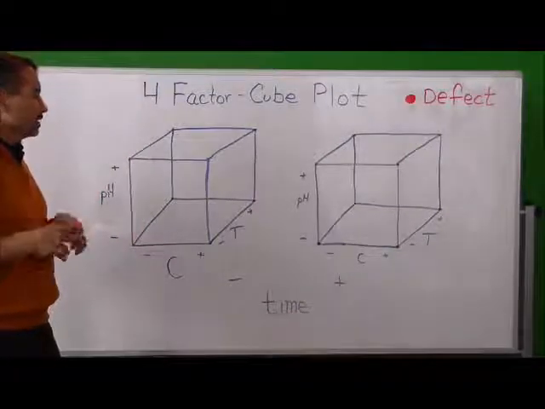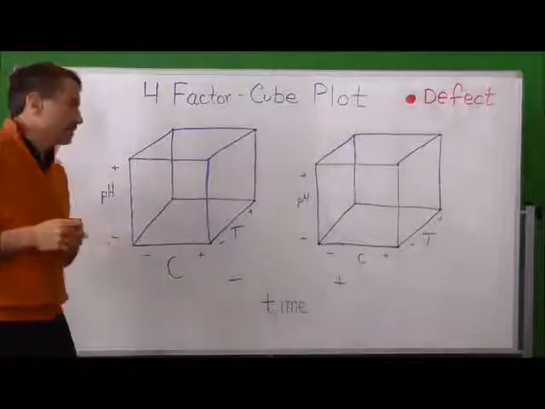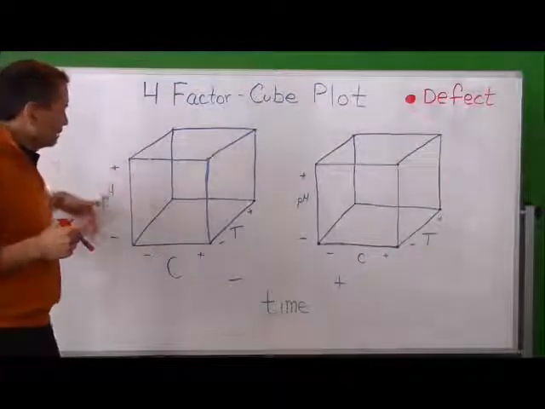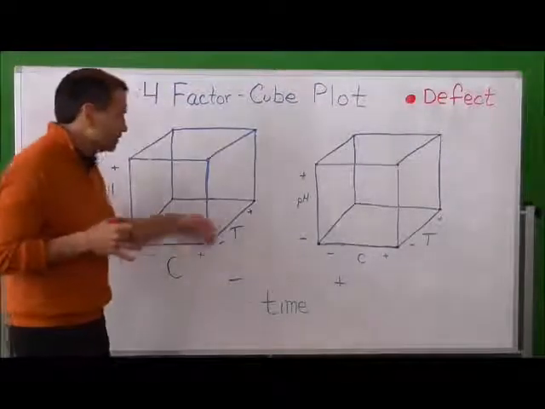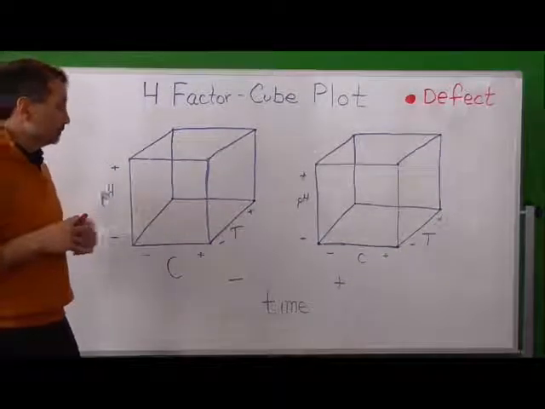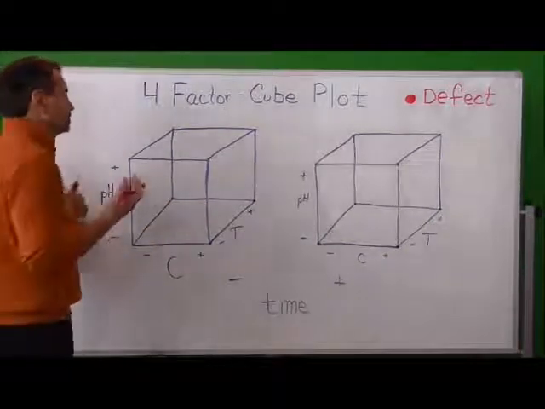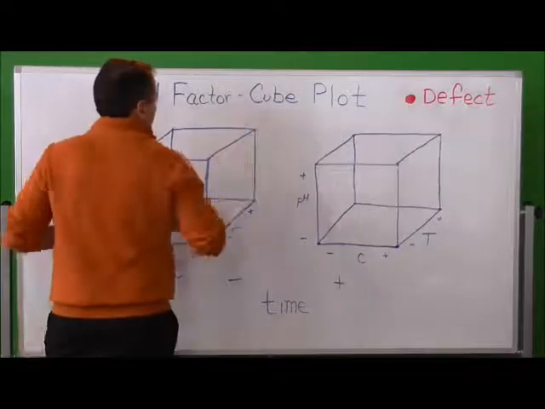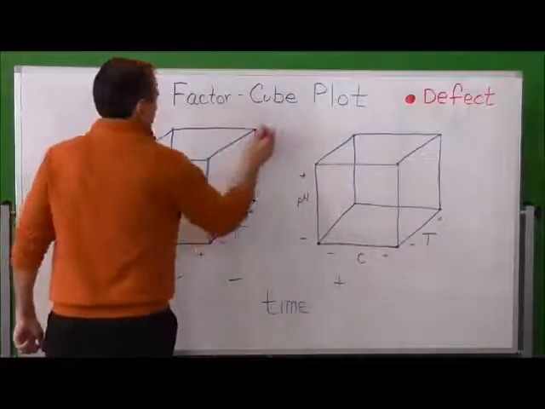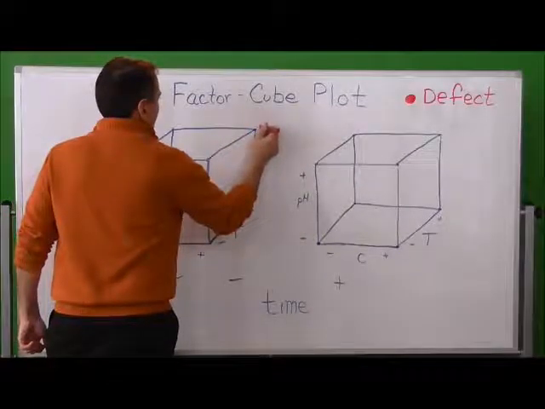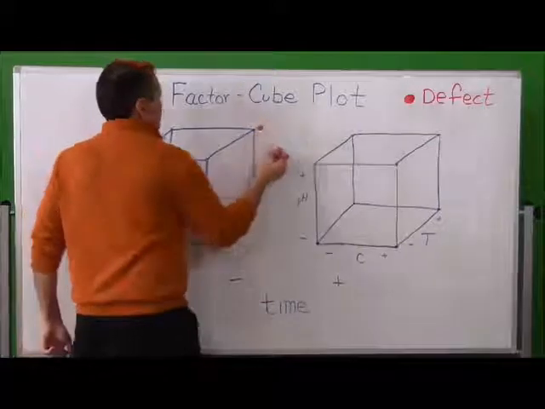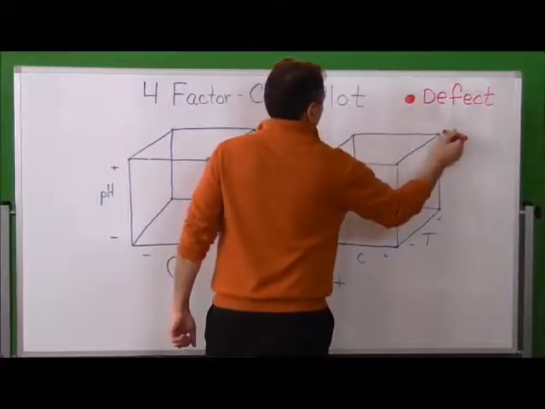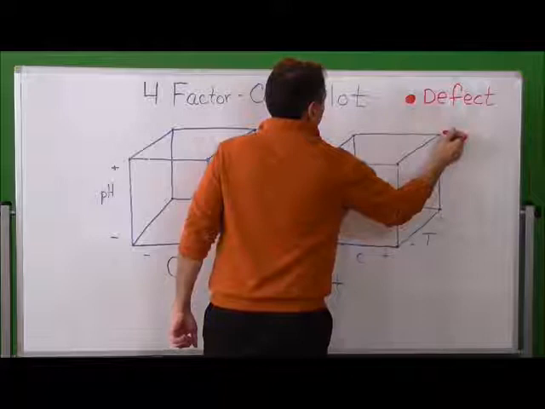Let's say that we had a three-way interaction between the pH, the concentration, and the temperature, but not the particular time. And let's say all three of them were at the elevated high level, a positive level. This is what might happen.